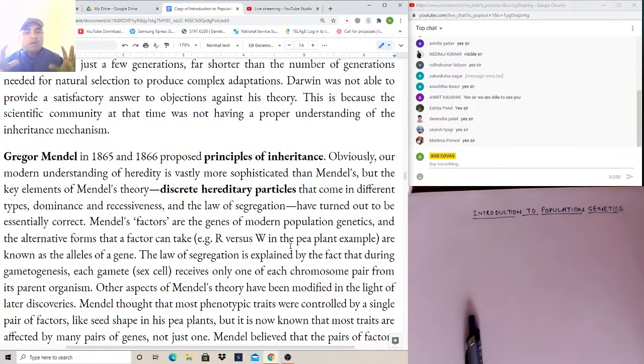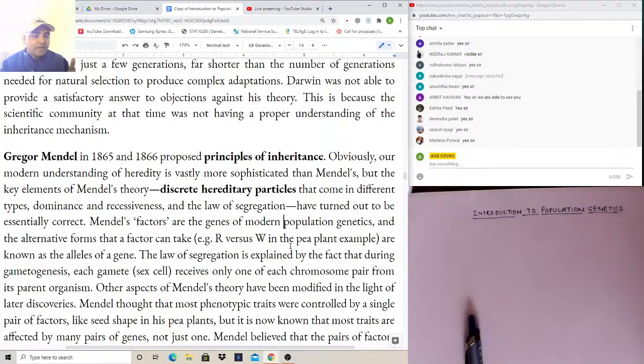Whatever our knowledge has now become, very sophisticated, if we consider one gene at a time and consider those discrete hereditary particles, then dominance, recessiveness, the law of segregation, everything comes out to be essentially correct.